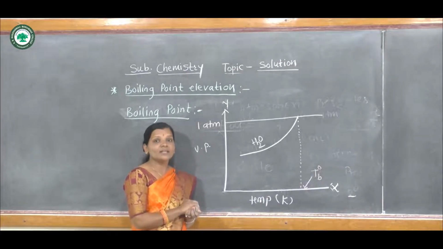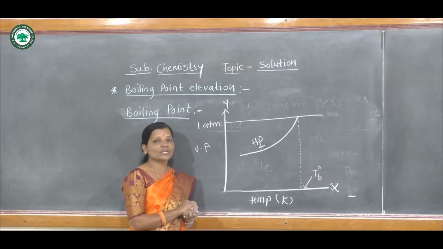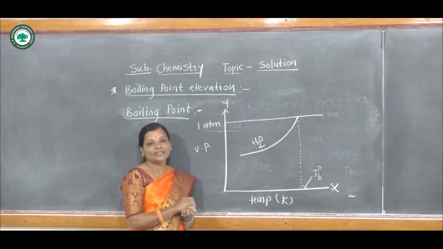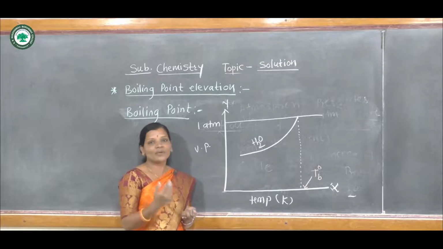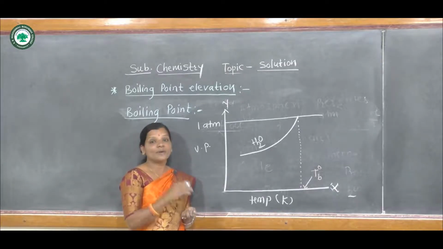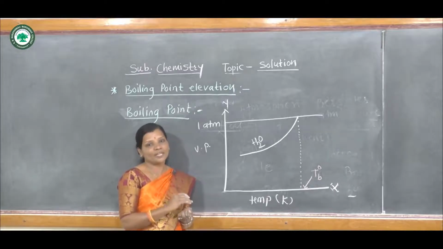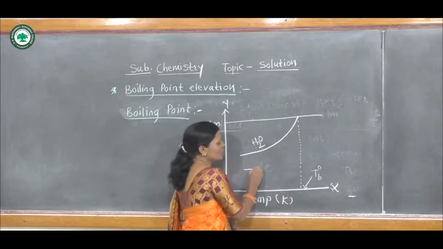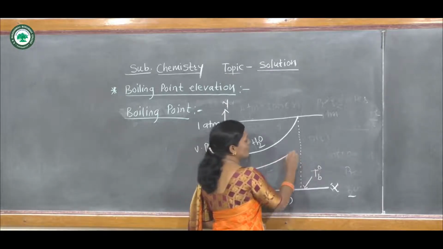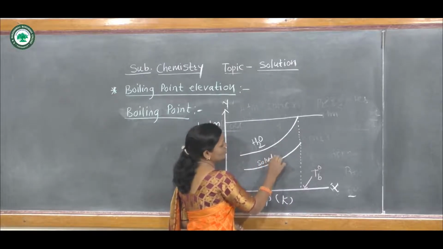But when the solution in which non-volatile solute and pure water is present is heated, the temperature increases. Due to the increase in temperature, vapor pressure is exerted, but that vapor pressure is now less than the vapor pressure of pure water, and hence the curve for the solution is lower than the pure water curve. This curve is for the solution.